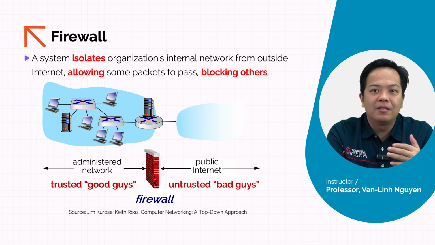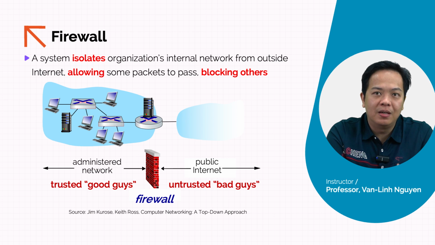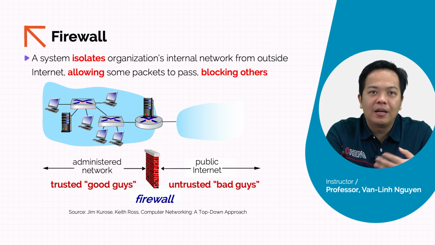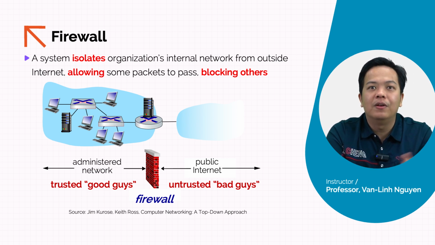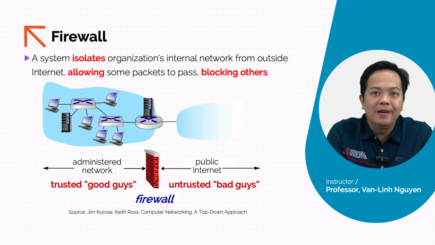That's similar to a firewall in a computer network. It allows some packets to pass, like allowing the house owner, and blocks unverified or untrusted bad guys outside. So the firewall is very helpful to filter malicious traffic.